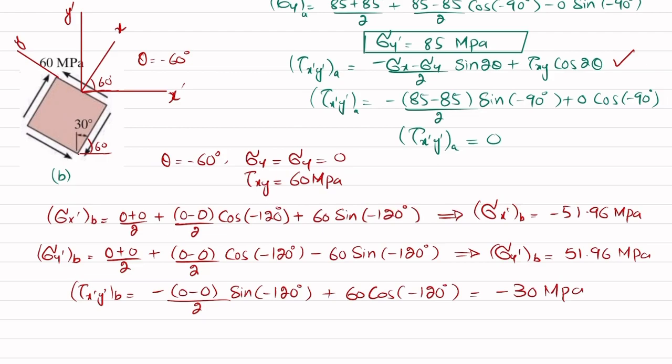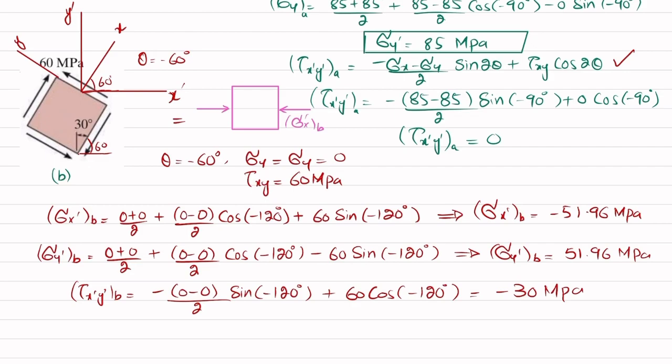Now if I draw the state of stress, this is the state of stress when you convert it along x dash. You have minus 51.96, and minus 51.96 means that this is compressive. So this is sigma x dash for B. Clear?